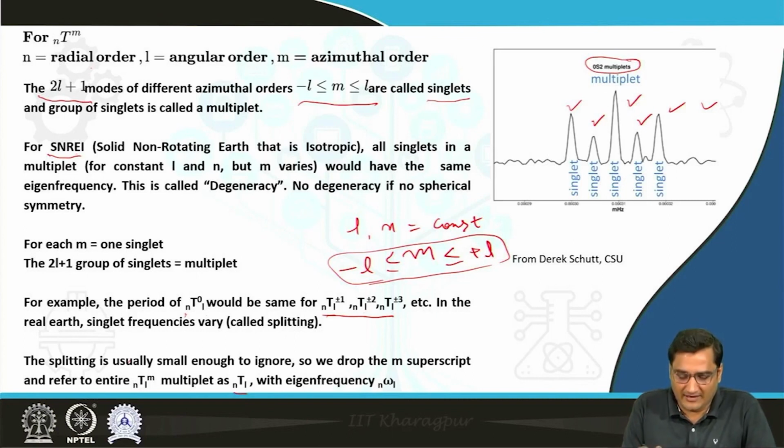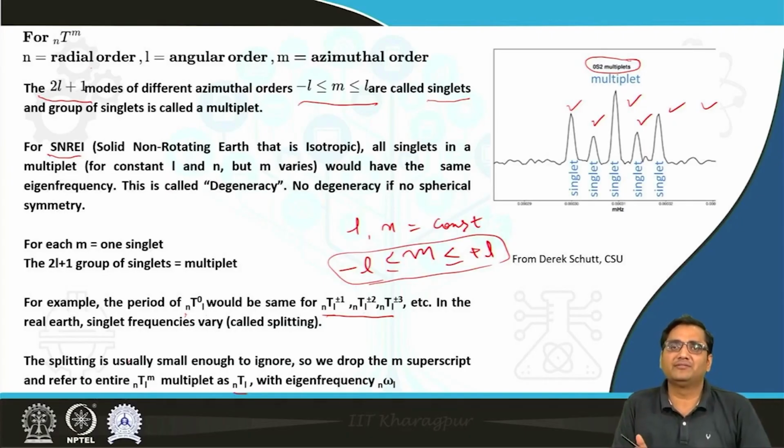In this case, as I told you, for constant values of L and N, where M is varying from minus L to plus L, all the modes will appear at the same eigenfrequency, and this phenomenon is known as degeneracy. So degeneracy happens only for the SNREI Earth, which means the Earth is solid, spherical, non-rotating and isotropic in nature.